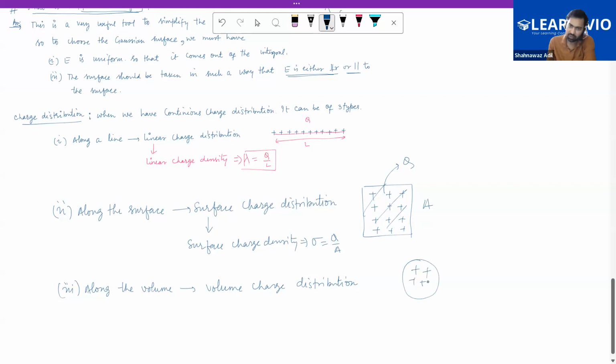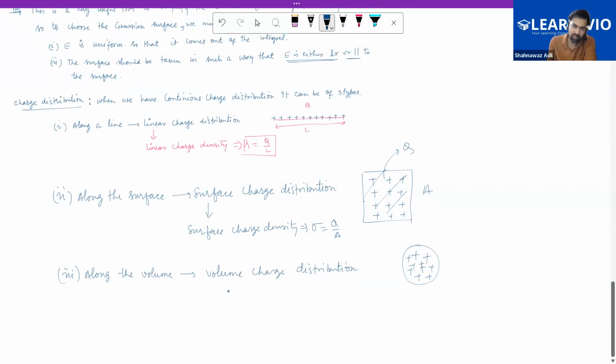Across the volume, we have this charge. And in this case, we have volume charge density, represented as rho, which is Q by V.